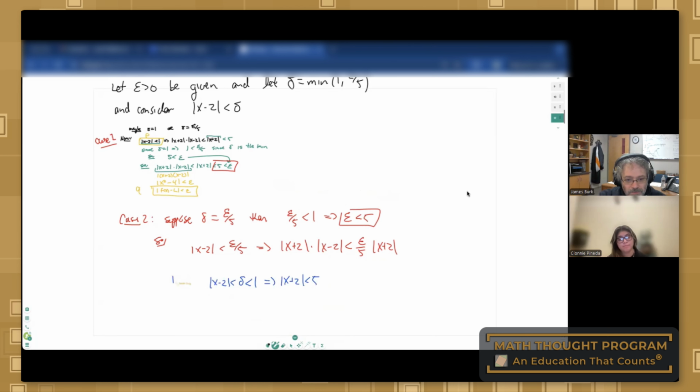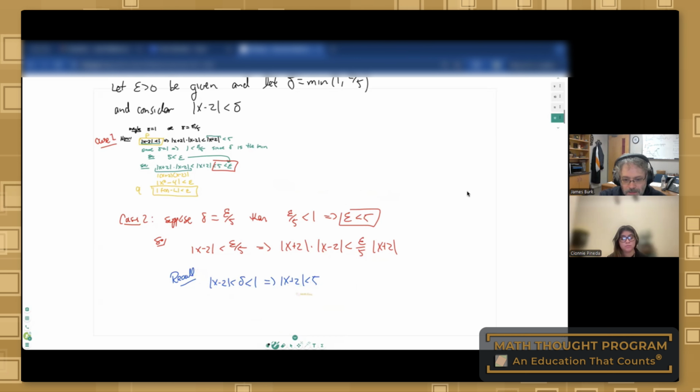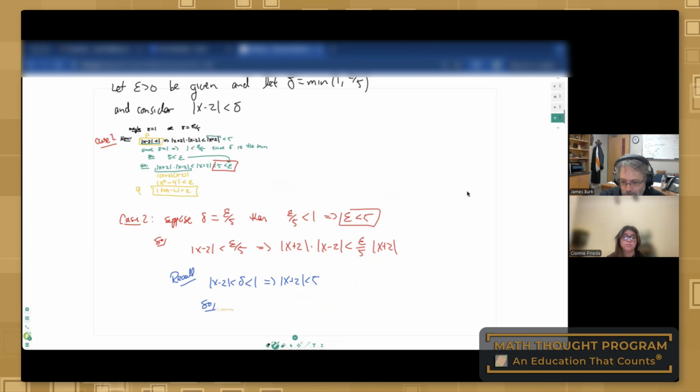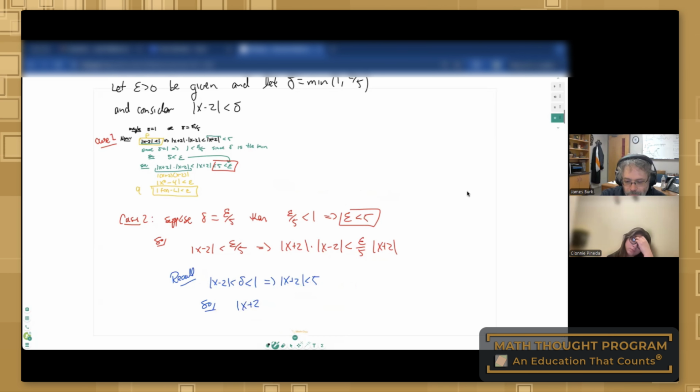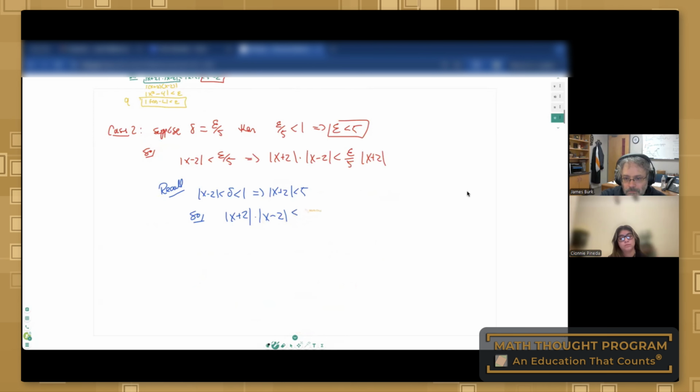So you might want to say something like "recall," and then you can say "so" or "thus" or "therefore," something along those lines. What's bigger than |x + 2|?